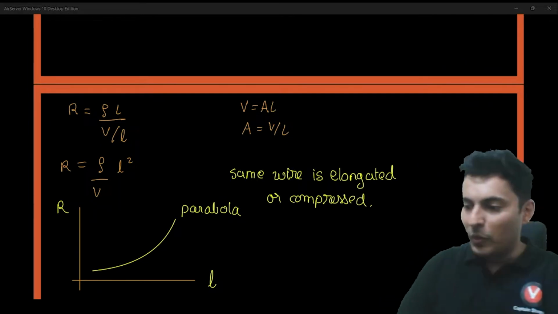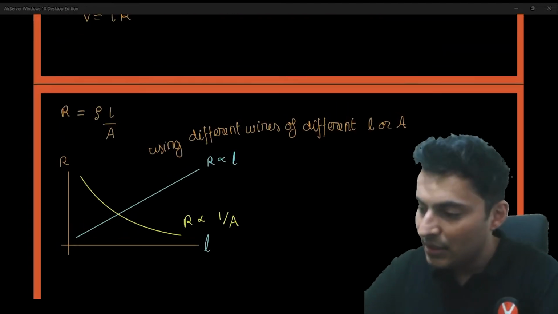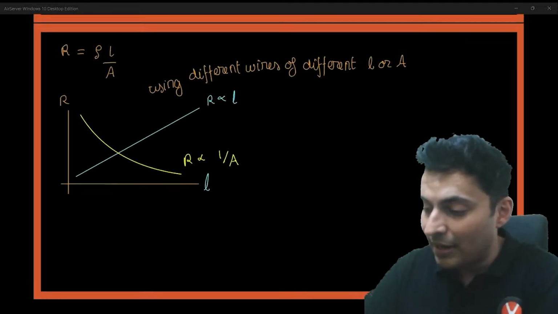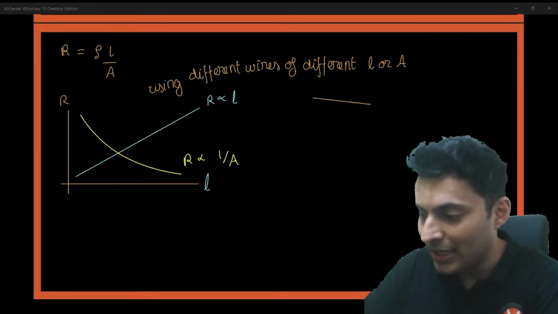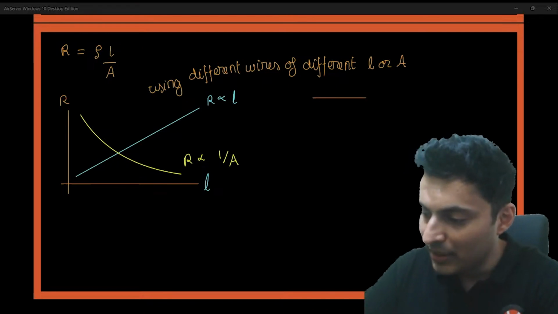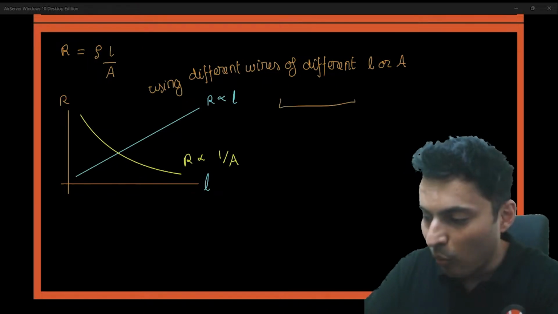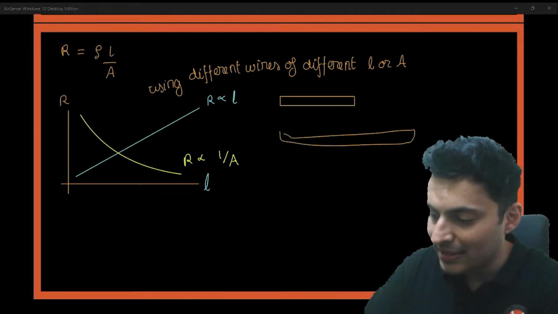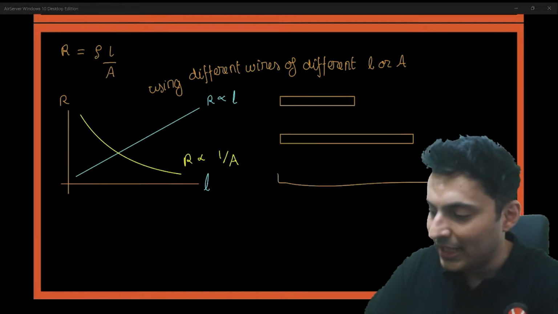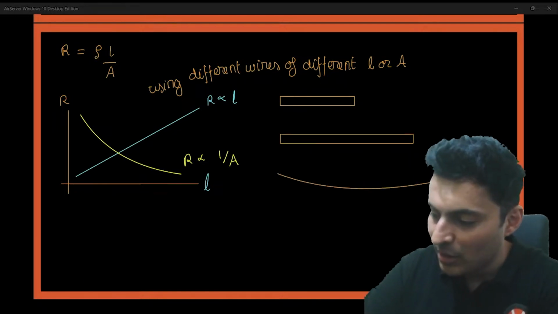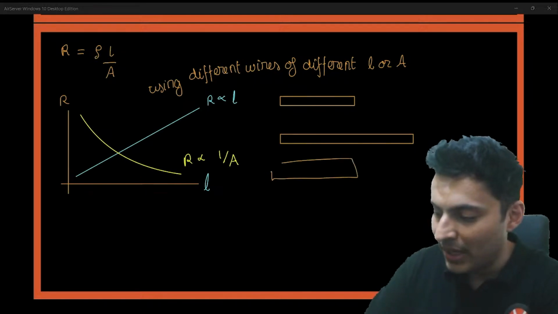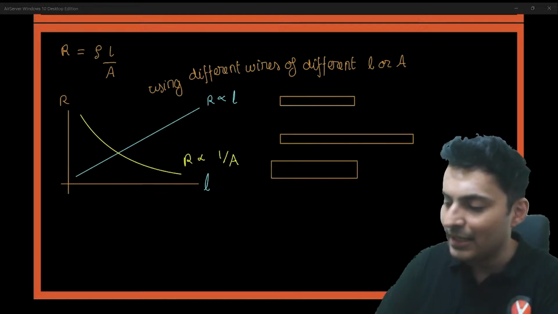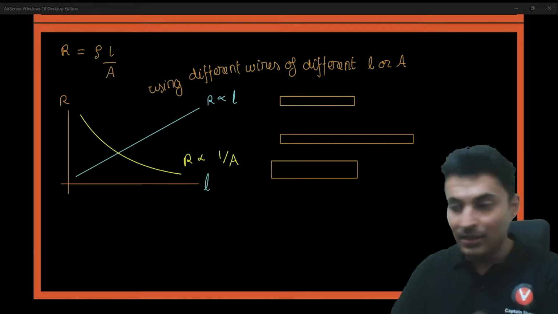Okay, so understand this. The first graph, here you take one wire like this, you take another wire like this. You are taking different wires of different cross sections and areas, and you are measuring the resistance.